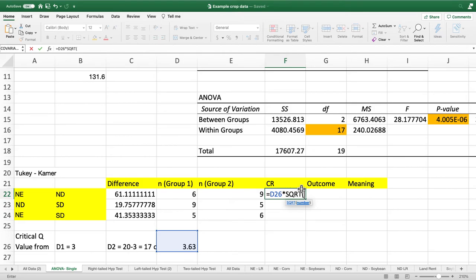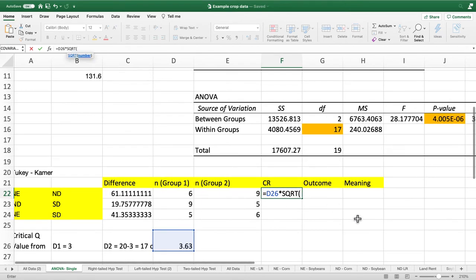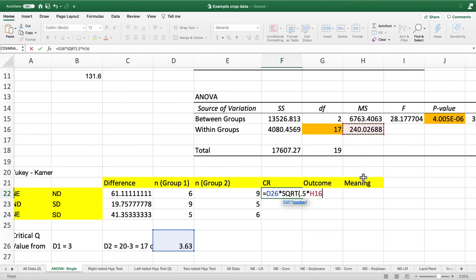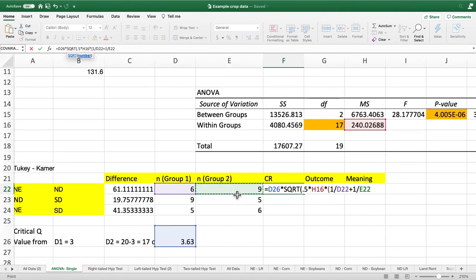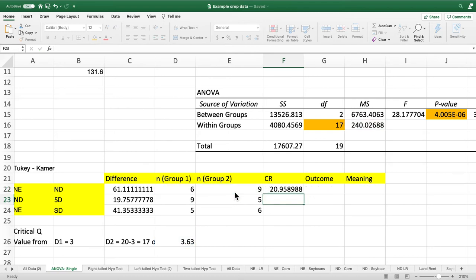Our mean square within divided by 2, or we're going to say 0.5, times the within groups mean square, so that H16, all times 1 divided by our N for group 1 plus 1 divided by our N for group 2.